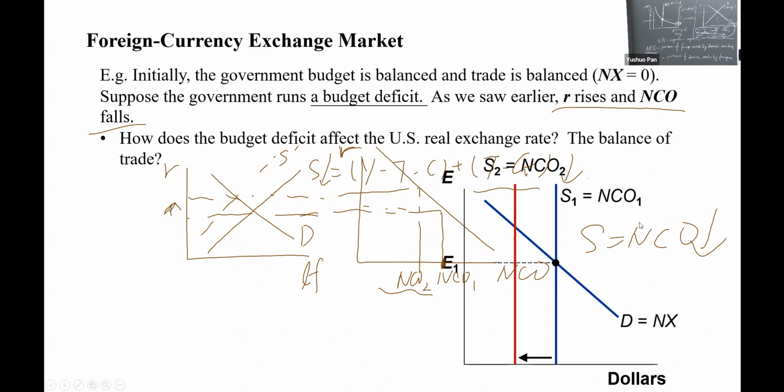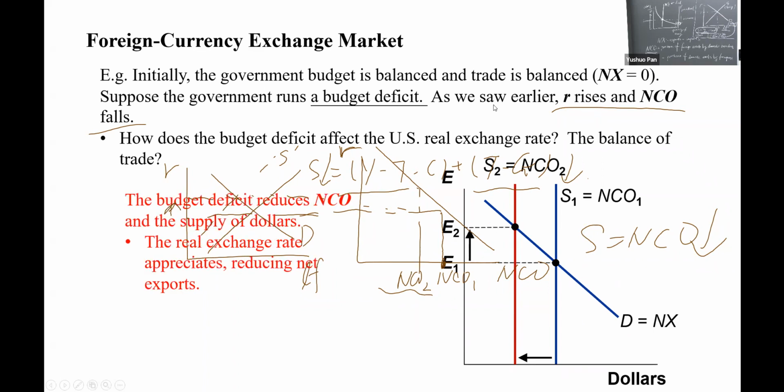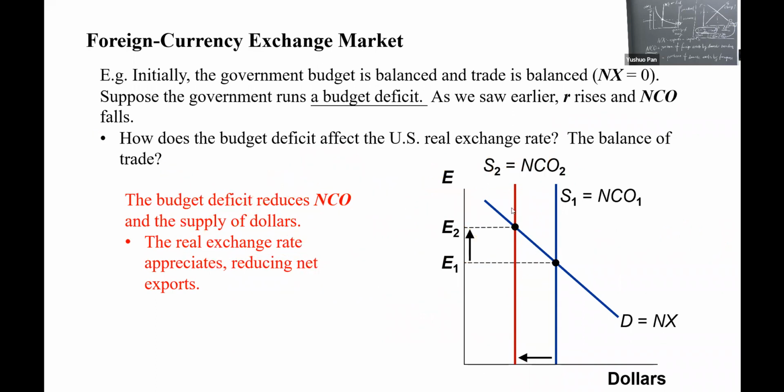Since it decreased, the supply curve is going to shift to the left-hand side. We can see that the interest rate will increase. The budget deficit reduces NCO and the supply of dollars, and the real exchange rate appreciates.